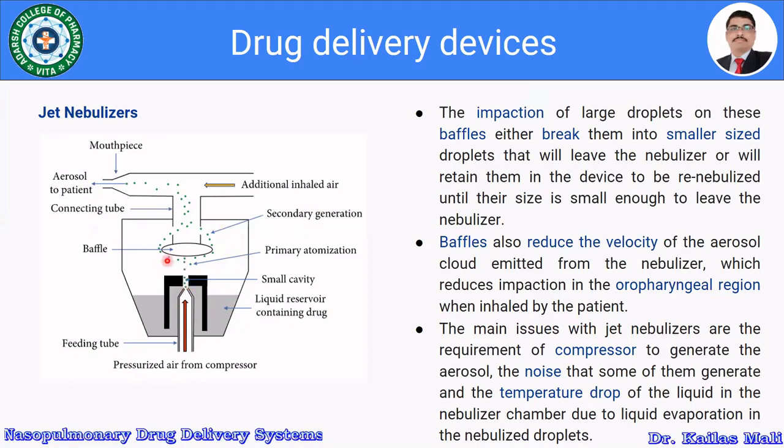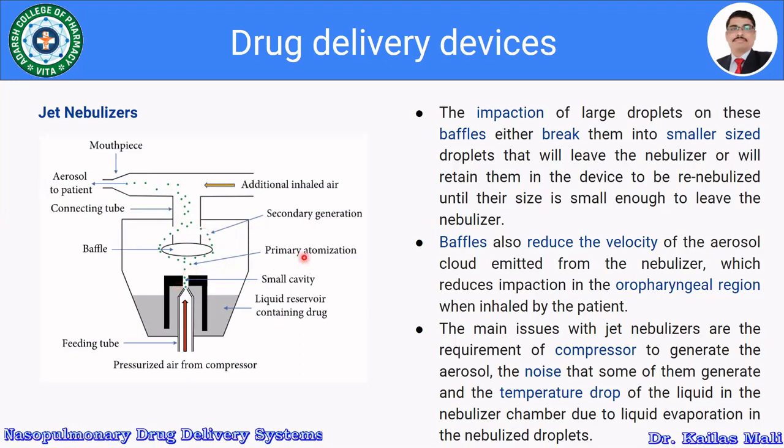Then this is the primary atomization. This is the baffle, and the medication reaches the patient from this region. So this is the mouthpiece, this is the connecting tube, this is the additional inhaled air, and this is the secondary generation, and this is the primary generation of mist.